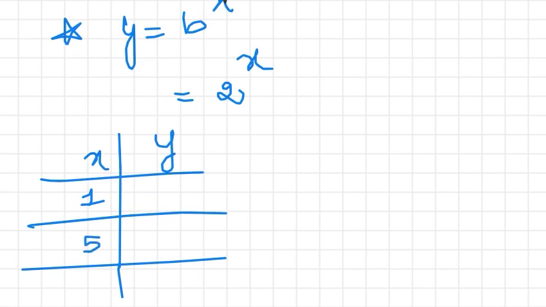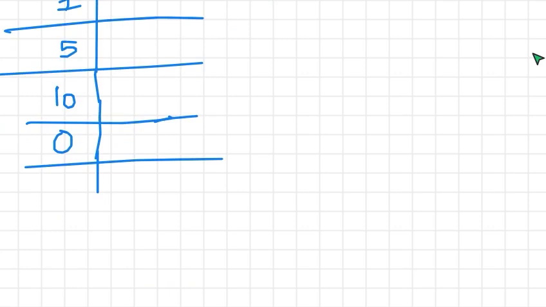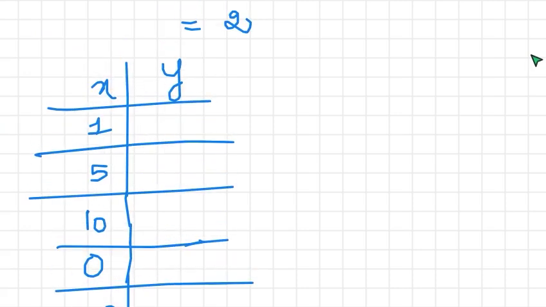Pick some negative values also. What about 0? Before that, 0 and then -2. Now let's fill this table. For x is equal to 1.